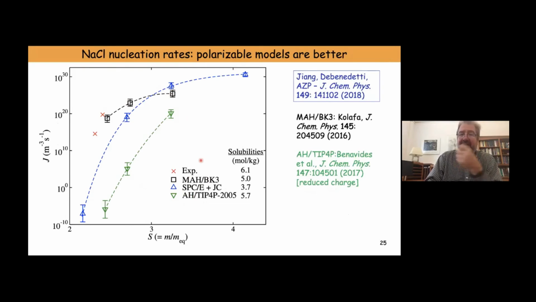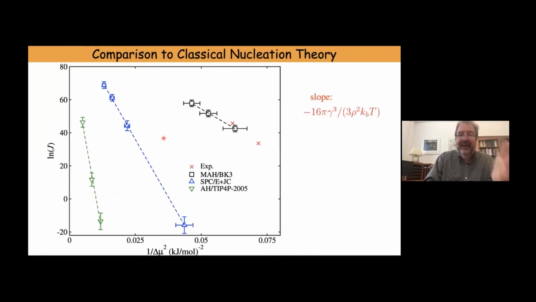The scaled charge model calculations here, which have the right solubility, turn out to be very poor in predicting the nucleation rates. So for the nucleation rates, there is a huge advantage of the polarizable models, and this has to do with the correct description of the interfacial properties and the interfacial free energies. So that's nice to know.